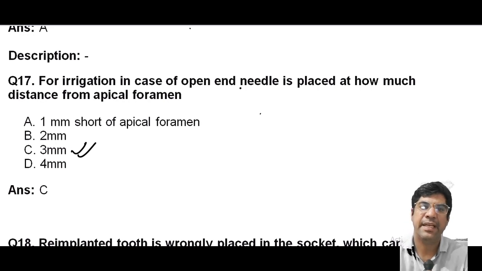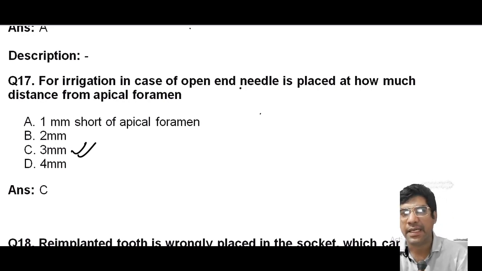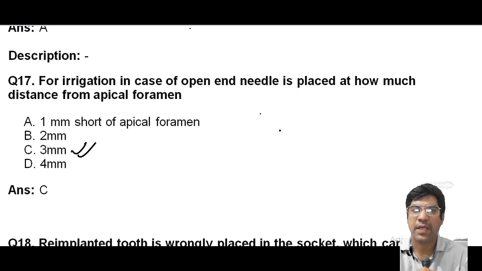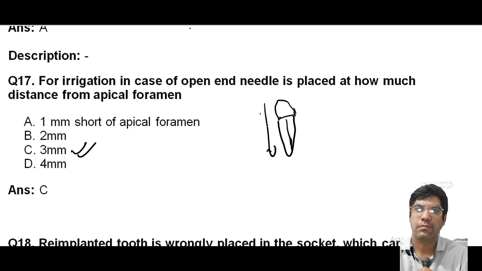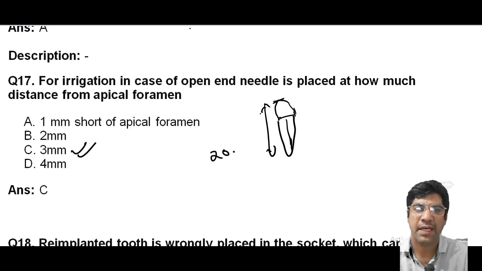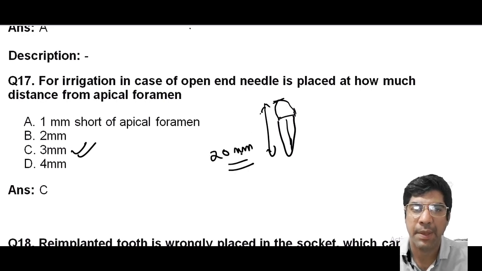Suppose a dentist is performing a root canal on a tooth and the working length of the root canal is determined to be around 20 mm.